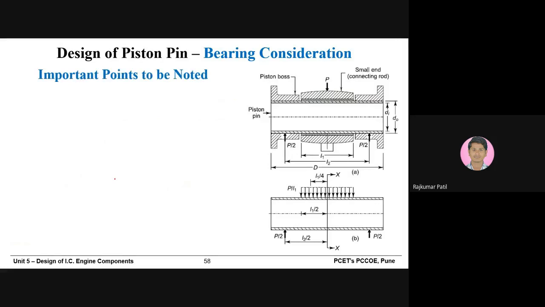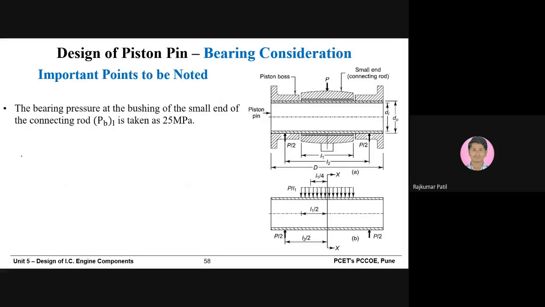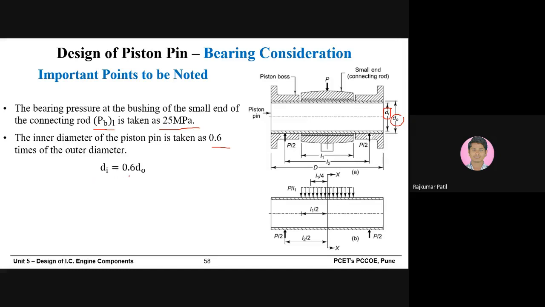Again, there are certain important things that need to be remembered. The bearing pressure at the bushing of the small end of the connecting rod, PBL, is taken as 25 megapascal. So in the problem, if the PBL value is not given, then you need to take 25 megapascal. Then the inner diameter of the piston pin, DI, is generally expressed in terms of D naught, that is the outer diameter, and it is generally taken as 0.6 times the outer diameter.